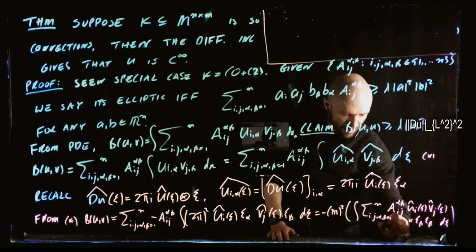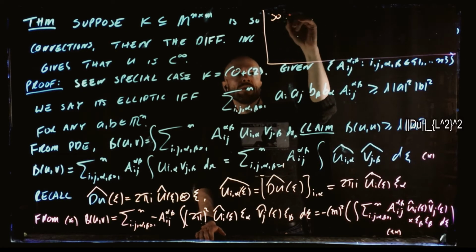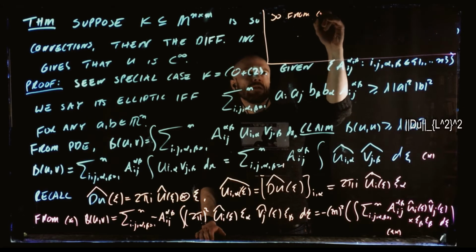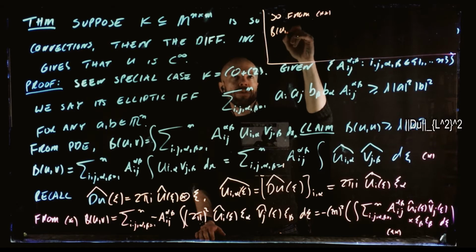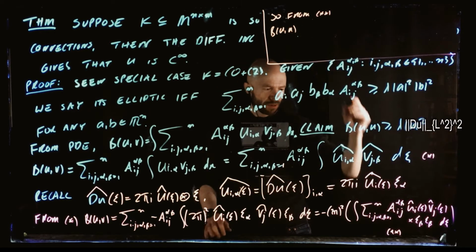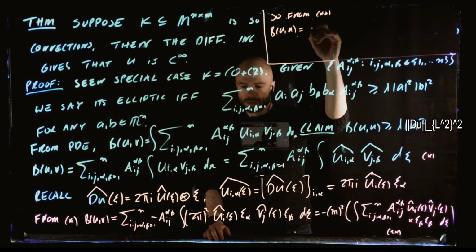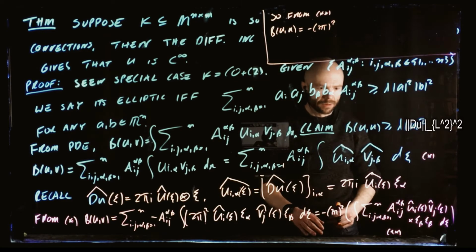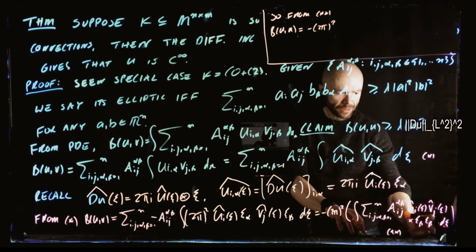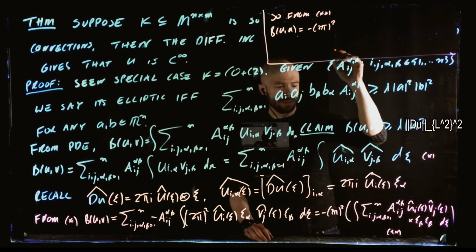So let's call this thing star star. So from star star, we will have that B of u is equal to this minus 2 pi squared, and then this expression like this. I can write the whole thing out, maybe that's easier.